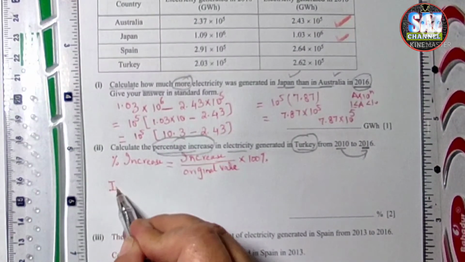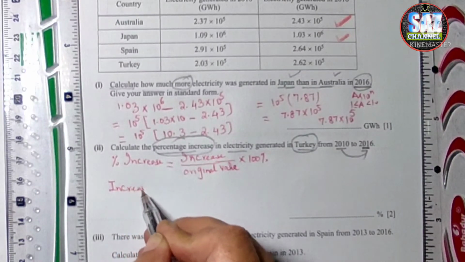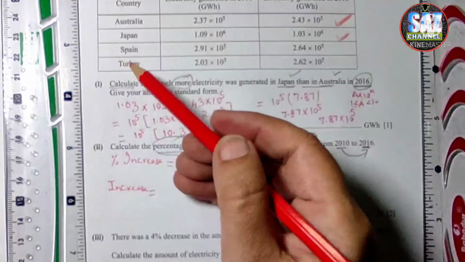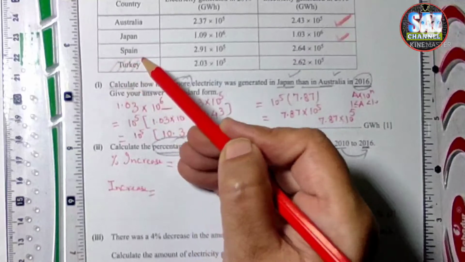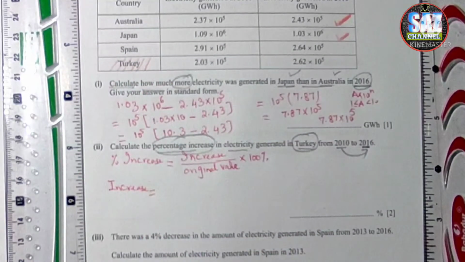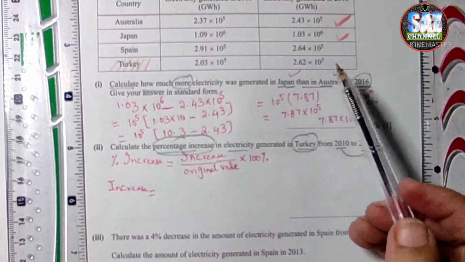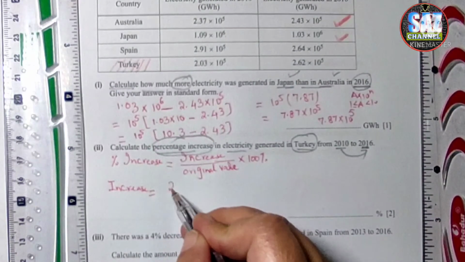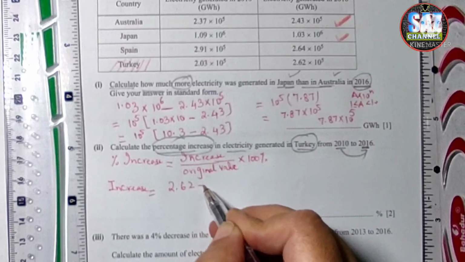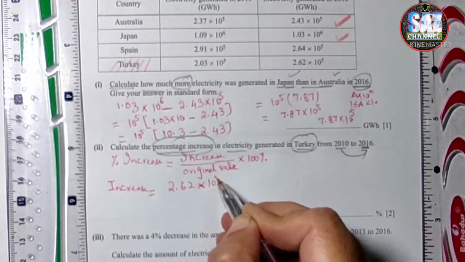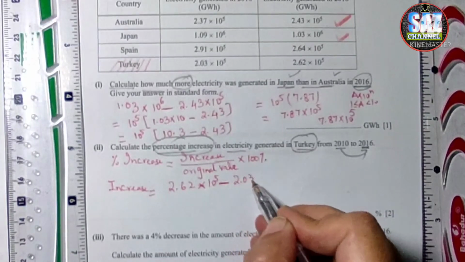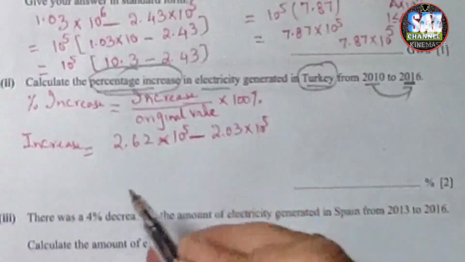Now we have to first find the increase. We have to think about which country, that is Turkey. Let me highlight this, so I should not mix the country. Now the increase is 2.62 multiplied by 10 raised to power 5 minus 2.03 multiplied by 10 raised to power 5.